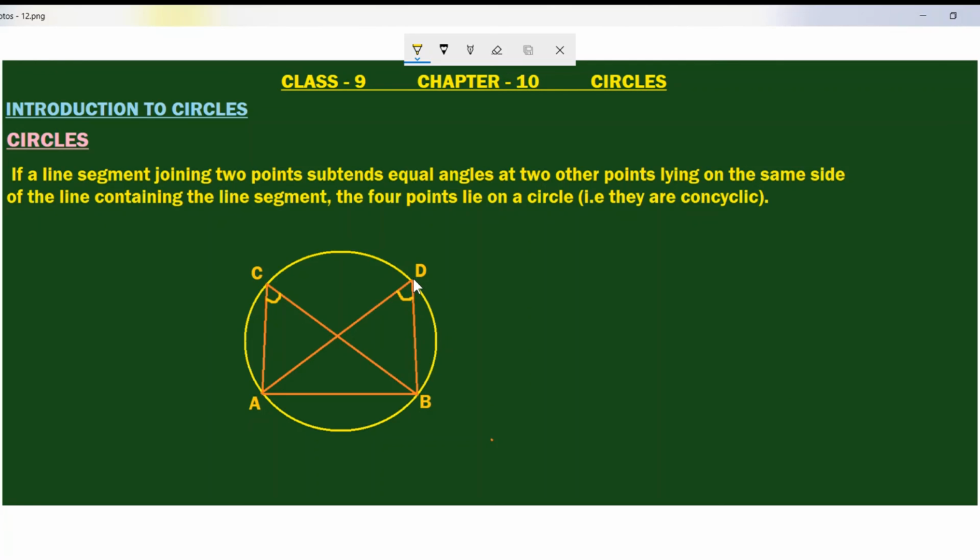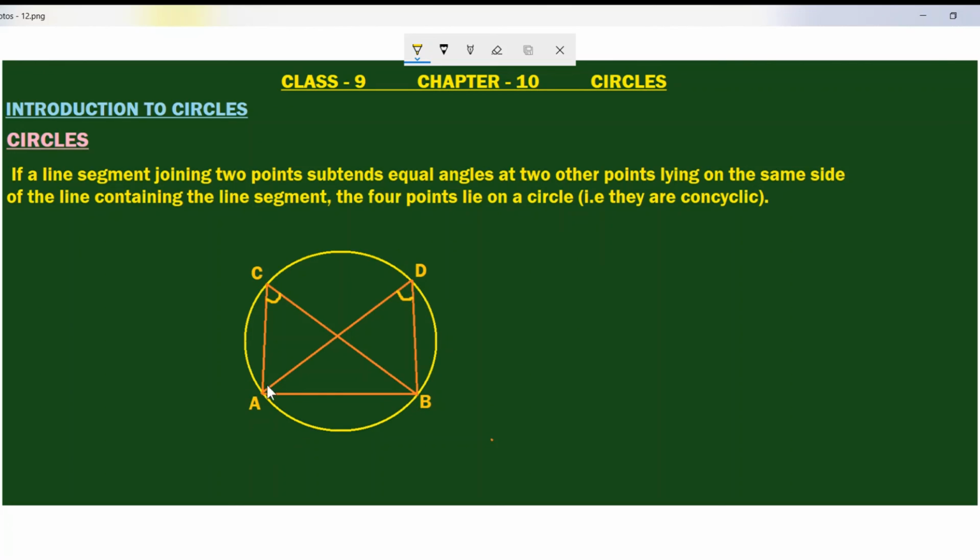And at D, we have joined the chord AB, and this AB forms an angle at D, this ADB. These two angles are the same. We know angles in the same segment are equal. Now you can see A, B, C, D all lie on the circumference of the circle. Then we can say this is concyclic.